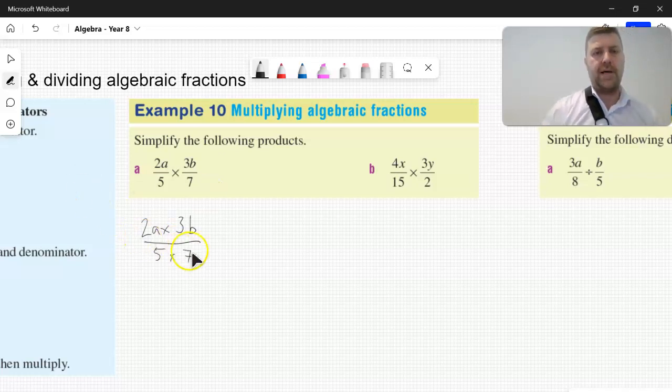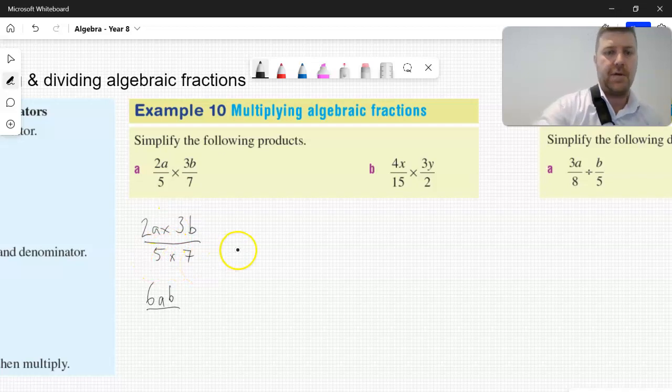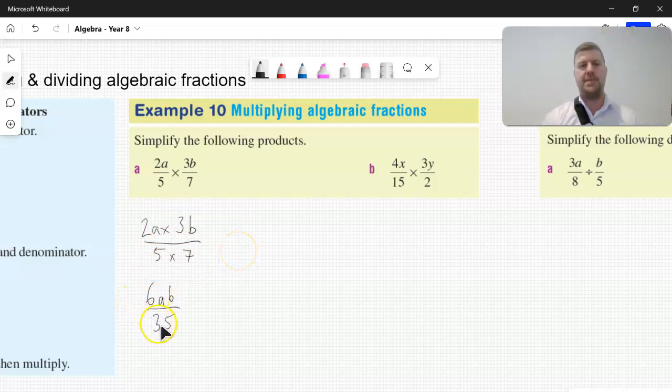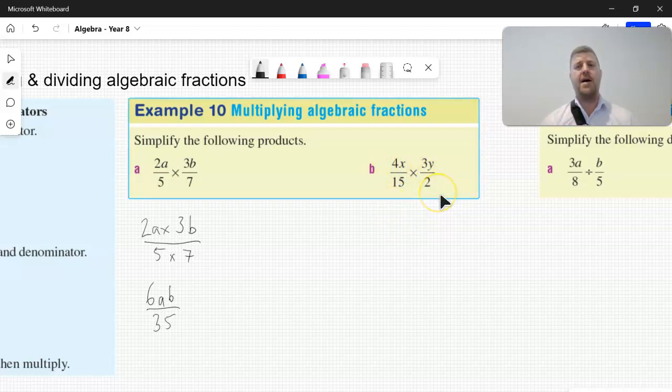So 2a times by 3b, 2 times by 3 is 6, a times by b is ab, so my answer is 6ab, and my denominator, 5 times by 7 is 35. At this point, I can look for common factors to try and cancel out. 6 and 35 don't have any common factors, so that's as far as I can go. That's my final answer.